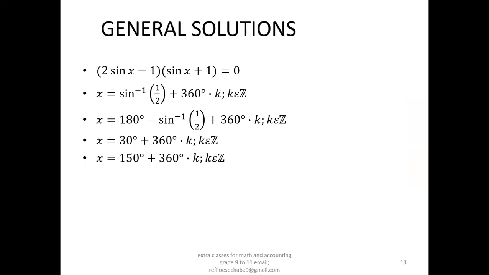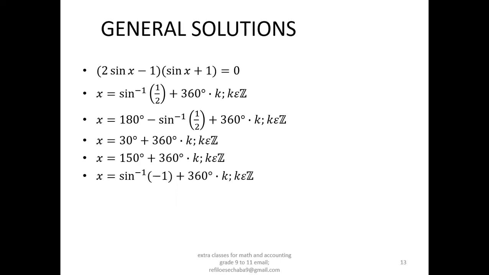The second part, the second factor, we had sine x plus 1 equals 0. When you solve, sine x will be equal to negative 1. Then to solve for x, you'll have to find arc sine of negative 1 plus 360 degrees times k, where k is an element of integers. But it has two parts. Whenever you use the sine ratio, remember it has two parts.